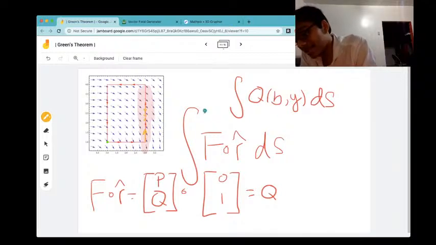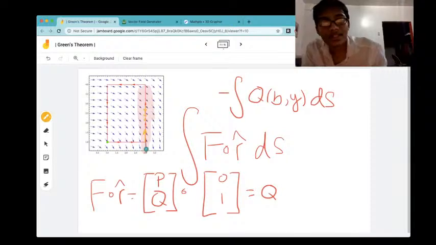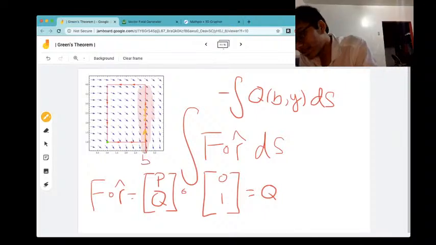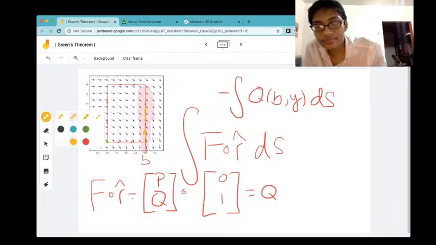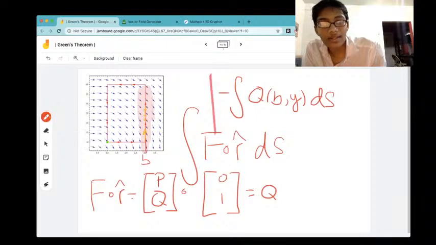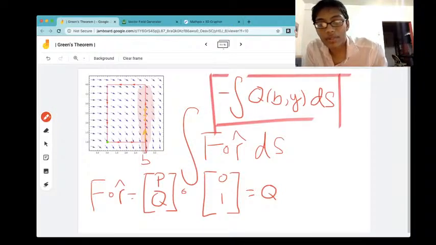And let's make this negative because we intuitively thought that work should be negative, and of course this is b. So that right there is our work, the work done by the vector field along that curve.